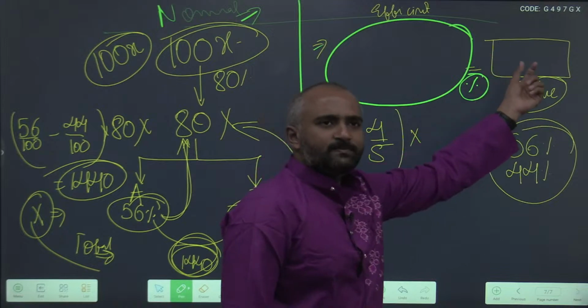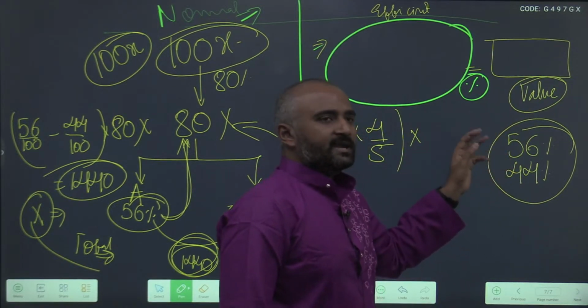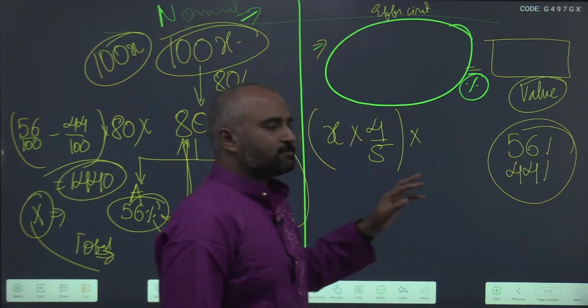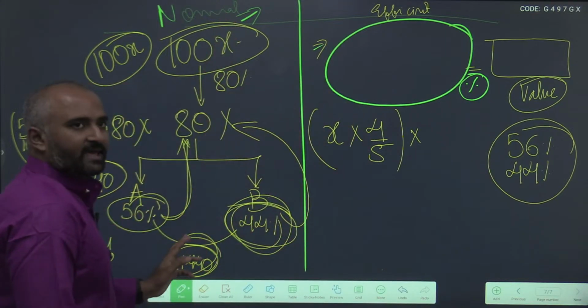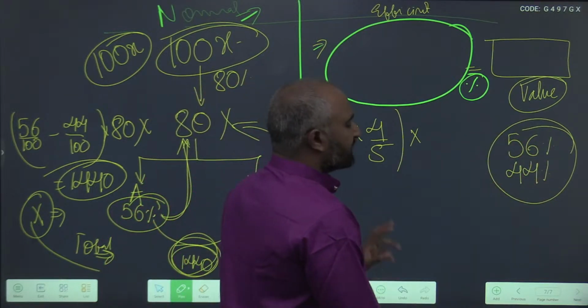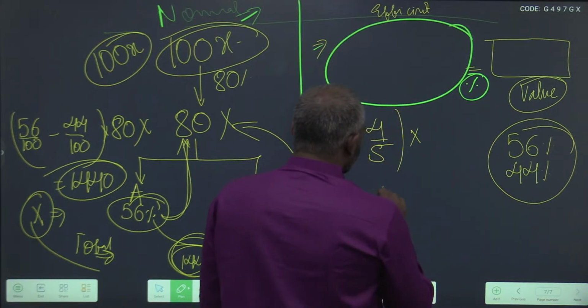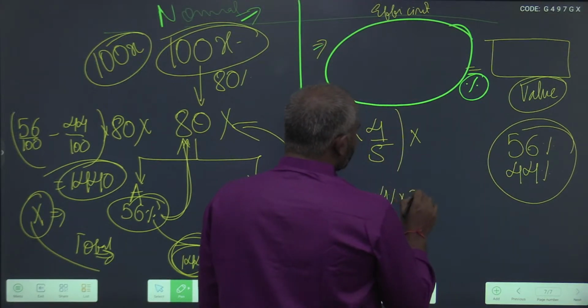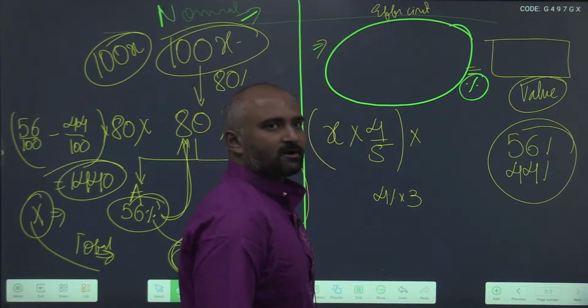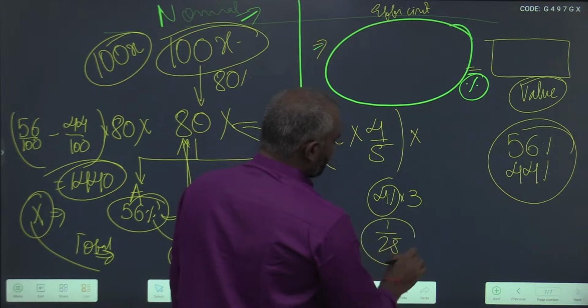What is being mentioned here? Use logic at every step. It will simplify your calculations much better. You see, how much time have I taken here? The difference is 12%. So what is 12%? 12% is 4% into 3. Will you agree with this or not? What is 4%? 4% is equivalent to 1 by 25.